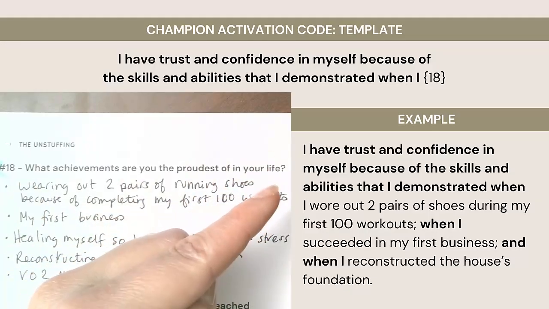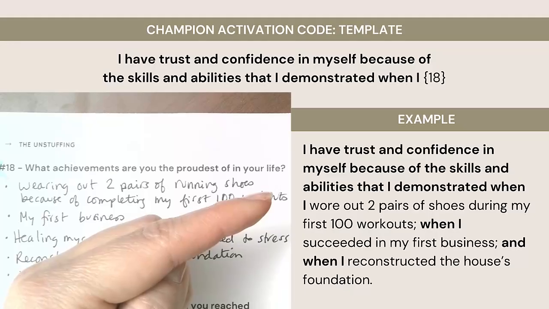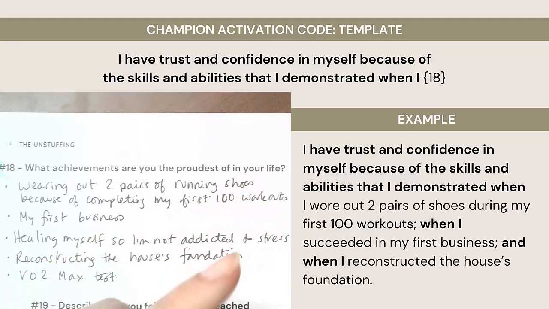I have trust and confidence in myself because of the skills and abilities that I demonstrated when I wore out 2 pairs of shoes during my first 100 workouts, when I succeeded in my first business, and when I reconstructed the house's foundation. So take a moment to look back at your achievements in 18 and pull out maybe the top 3 that you feel the best about to customize your sentence like the example.